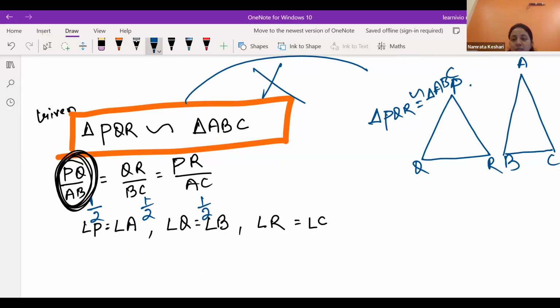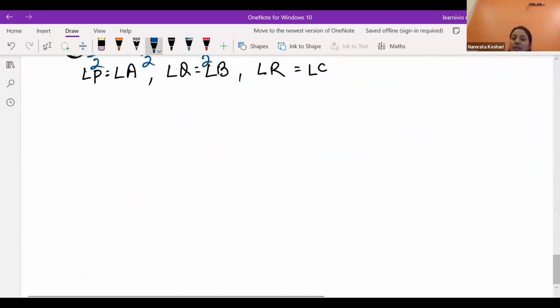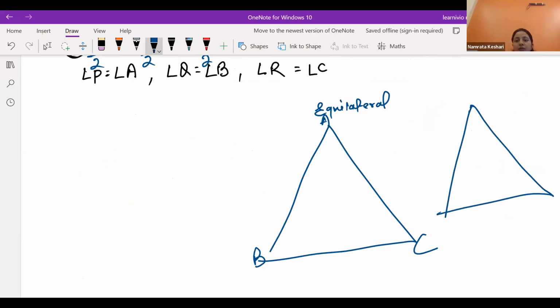Now there is a concept over here that if we are taking one equilateral triangle ABC and an equilateral triangle PQR, here the sides of ABC can be anything, maybe X, X, X or maybe 2, 2, 2.